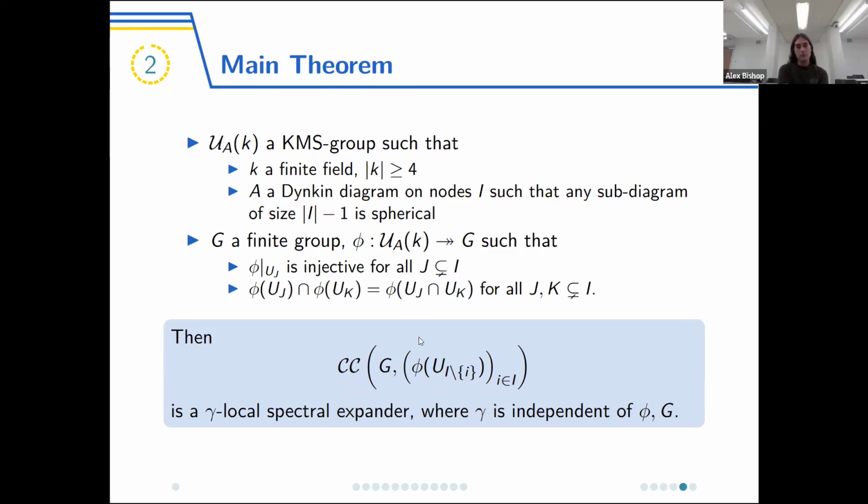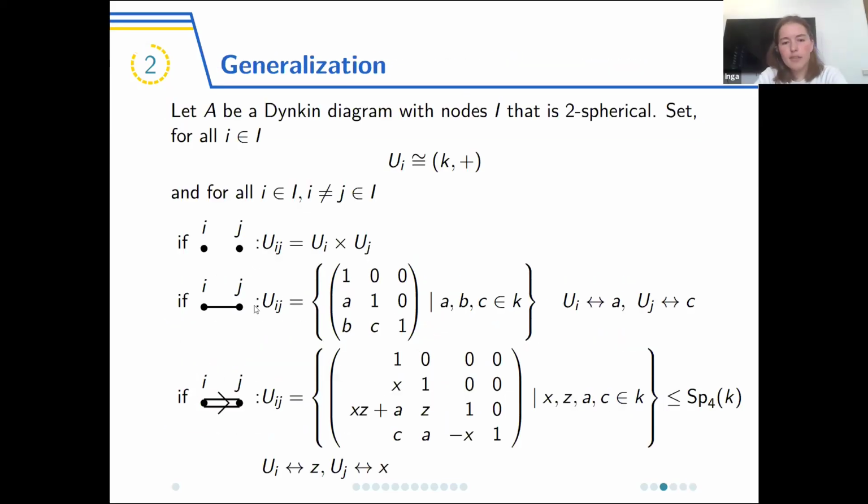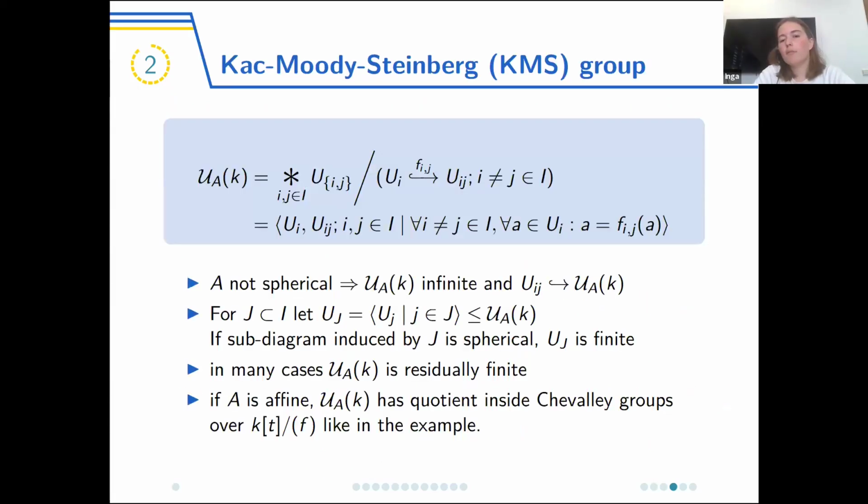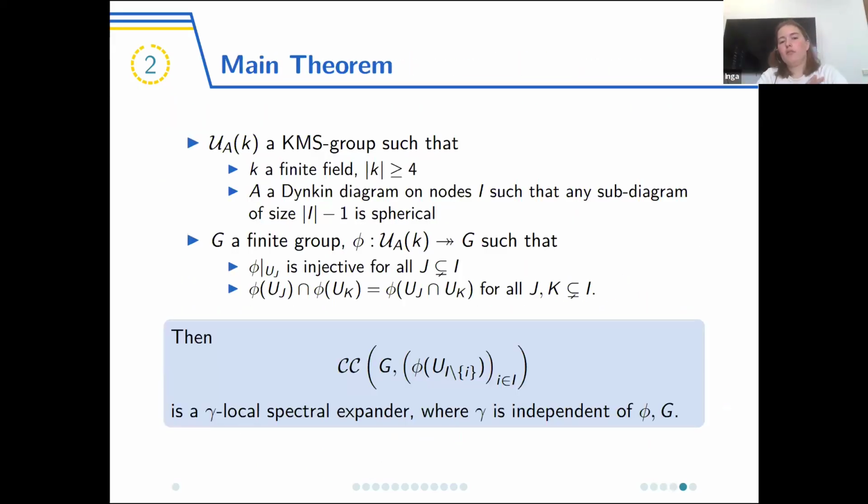A nice thing about why I chose these specific choices is that if you take the coset complex over Uij with respect to Ui and Uj, it's known that these are expander graphs with nice constants. I think that's why this choice works very nicely here. But in theory, you could try to find other groups as well.